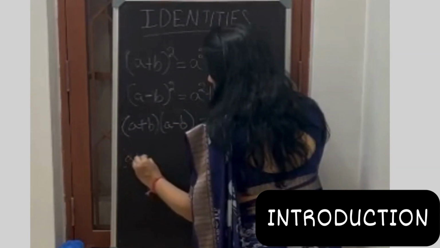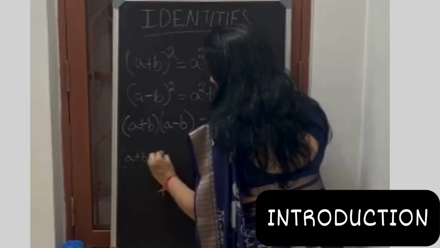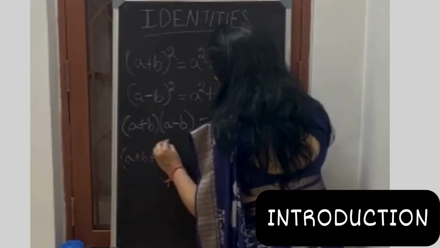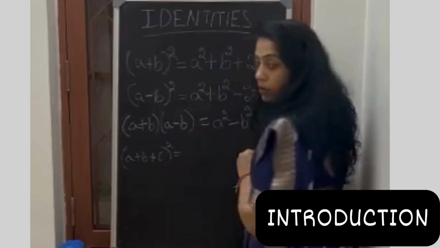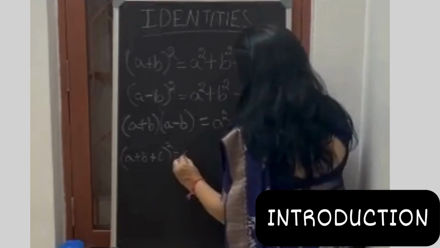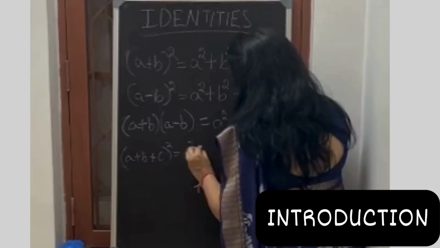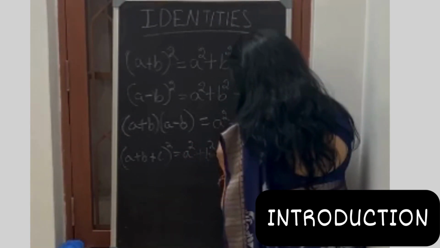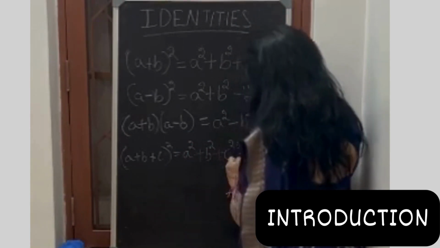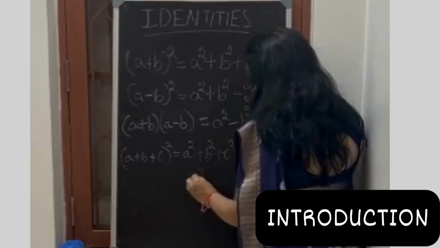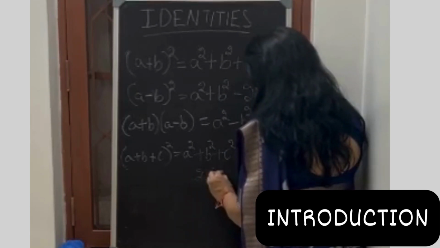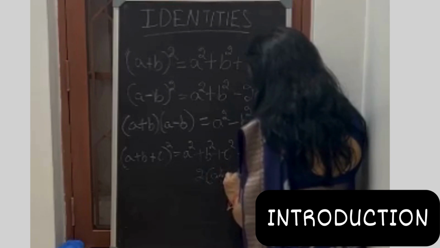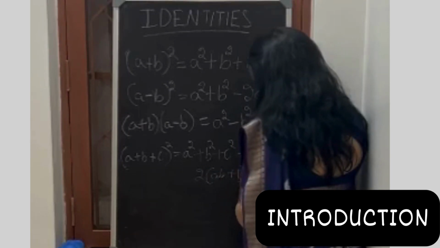Next, (a plus b plus c) the whole square. Now what is the answer? It is a square plus b square plus c square plus 2 into (ab plus bc plus ca).